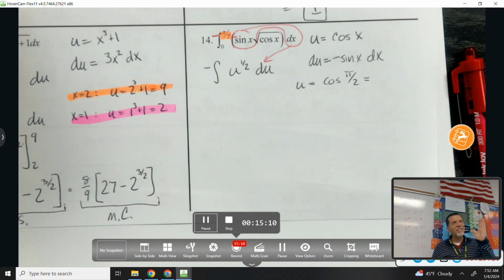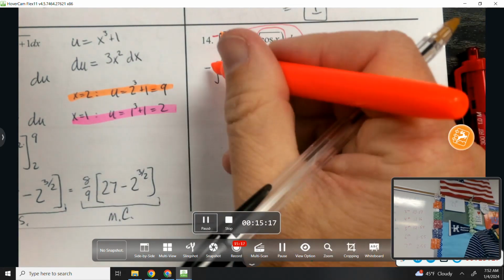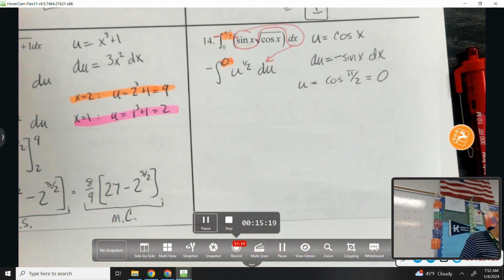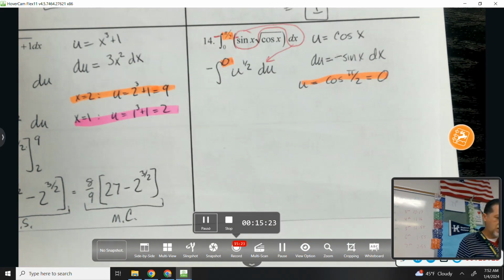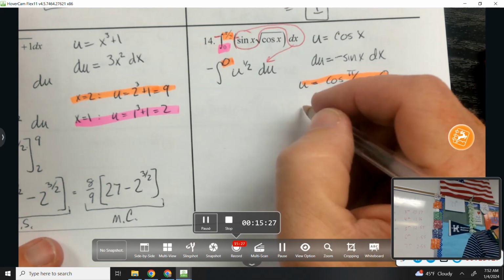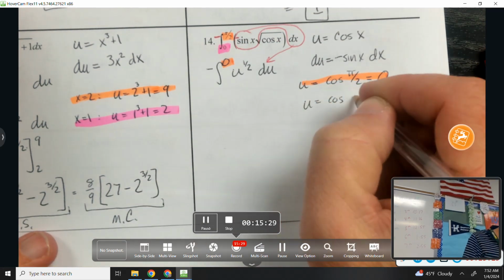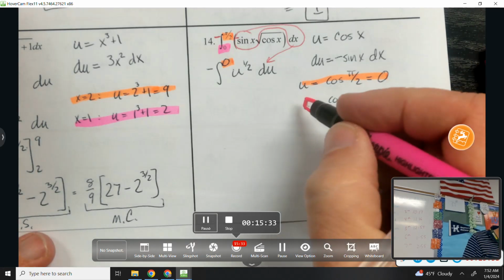Good, I saw one of these. Yeah, pi over 2, that's straight up. X coordinate 0. So our top limit is now 0. And our bottom limit, when x is 0, u is cosine of 0, and the cosine of 0 is 1.